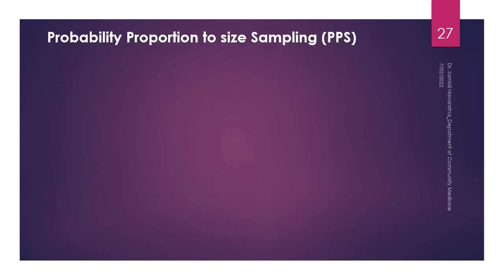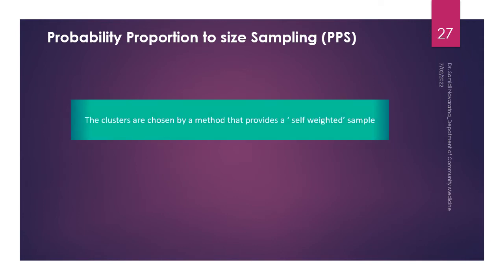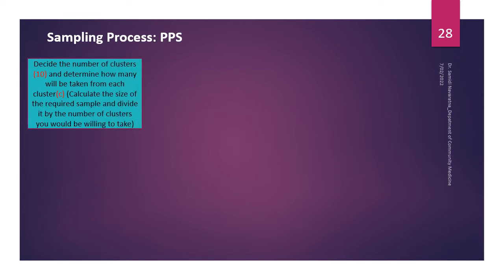A little bit about probability proportional to size sampling. The clusters are chosen by a method that provides a self-weighted sample. So let's try to understand the sampling process of probability proportional to size sampling. The first step is to determine the number of clusters you are going to take for this study.